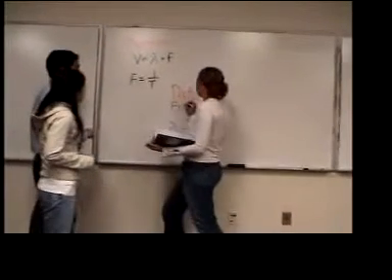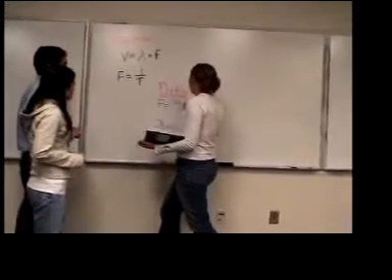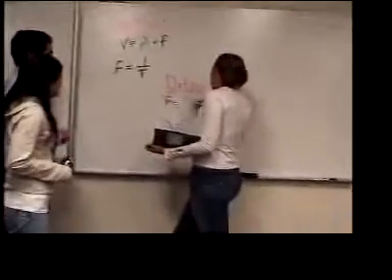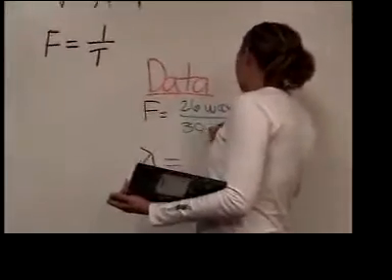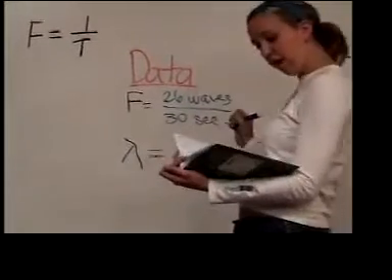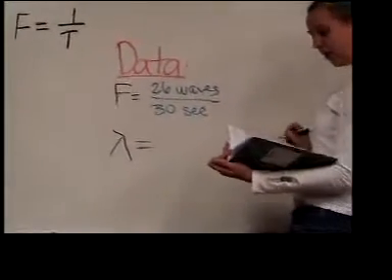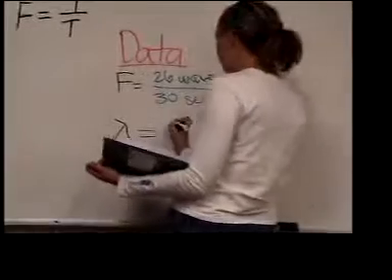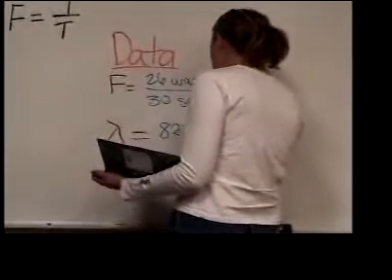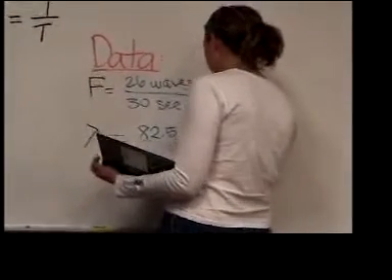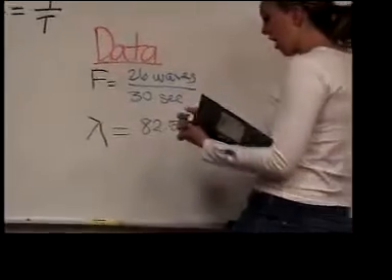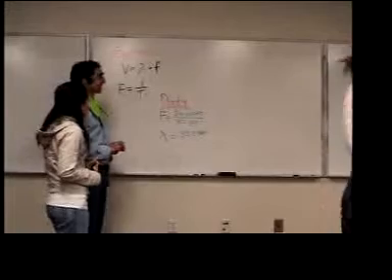Okay, we found the frequency to be 26 waves for 30 seconds. And we found the wavelength to be 82.5 centimeters. All right, I hope you can use that information. Good luck. Thanks, Renee. Bye.